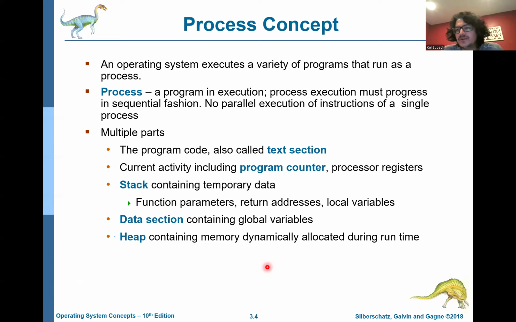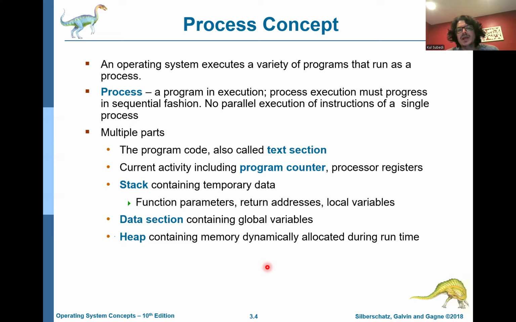Also, when we are running a function, we need to manage local variables. We need to manage function arguments. Also, we want to manage return types. All these variables are local to the function. Yes, once you return from that function, it's gone. Then it uses the stack. It uses the stack to store temporary data, such as function parameters, return address, local variables, and whatnot.